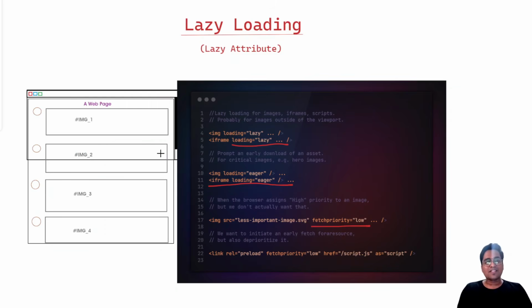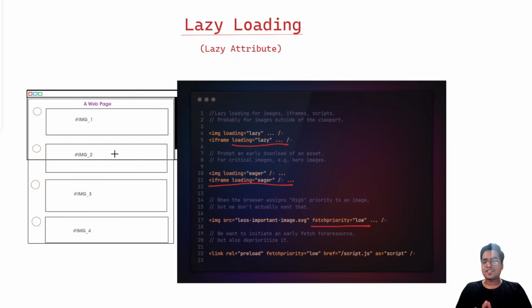Anything in your viewport which is of low priority, you can put this attribute on, and your browser will take care of that. You want to load your logo in an eager fashion, and certain other images in an eager fashion too, but set their priority lower. You want to set it as low.